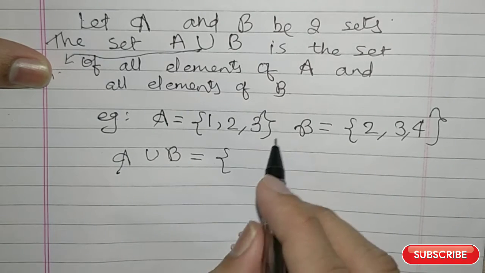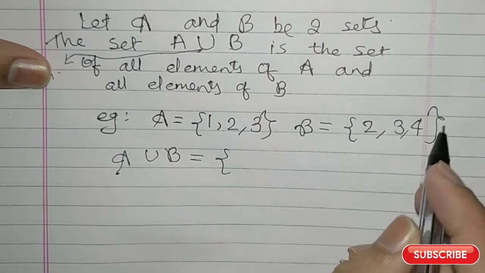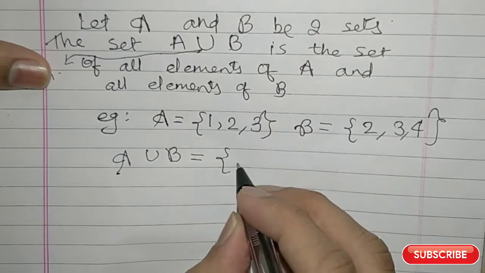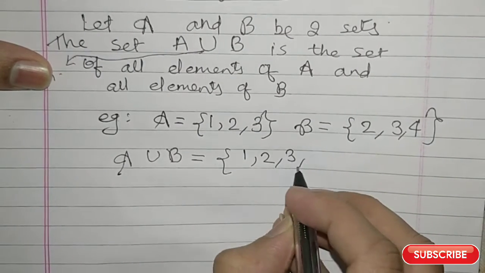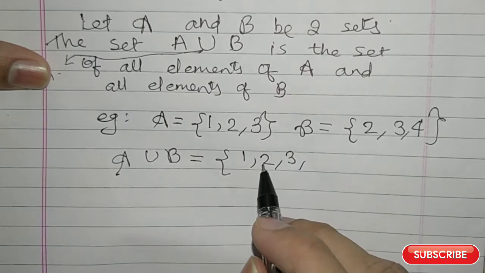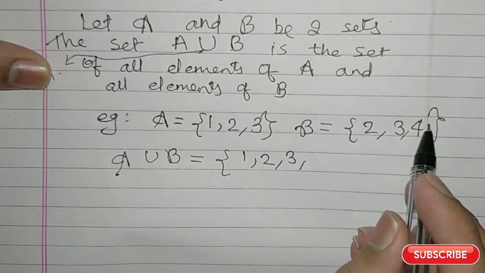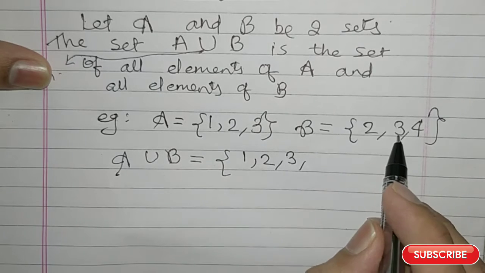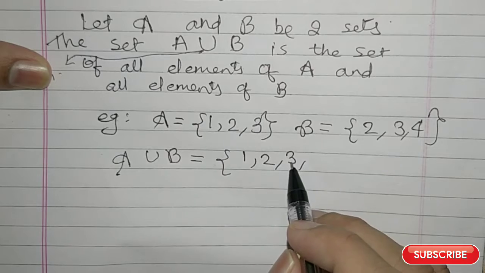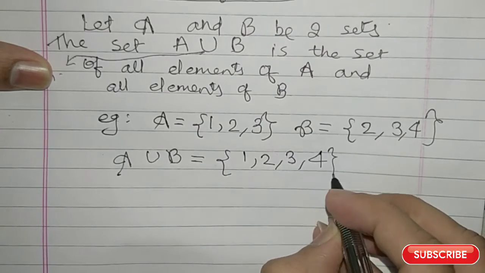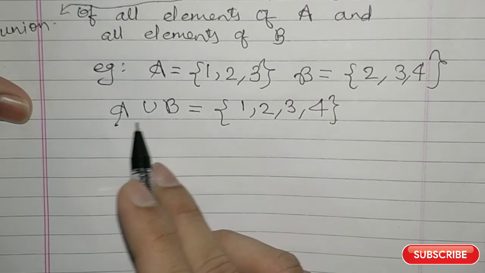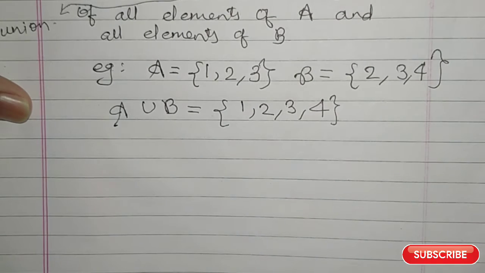A union B means all the elements of the set A and all the elements of the set B. All the elements of set A you write first, so 1 2 3, and then you go to the set B. Here you have to write all the elements of B. So you have 2 3 4, but 2 is already written here, 3 is already written, so you should not repeat the elements. You have already written 2 and 3, so then you have to write 4. So 1 2 3 4 you will get. This is the set A union B.